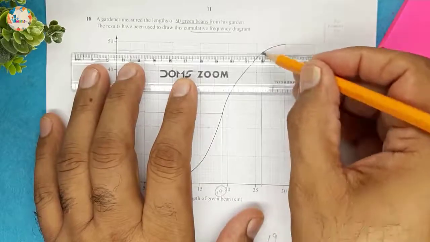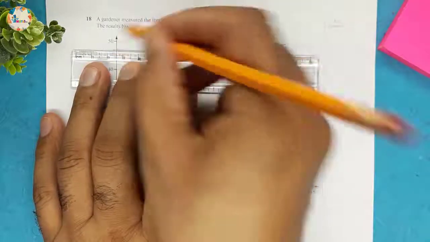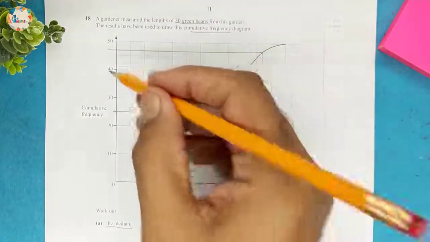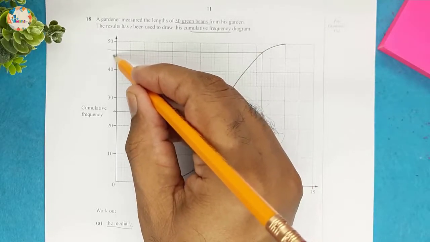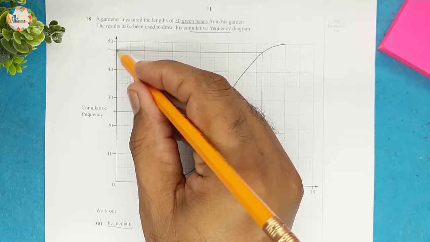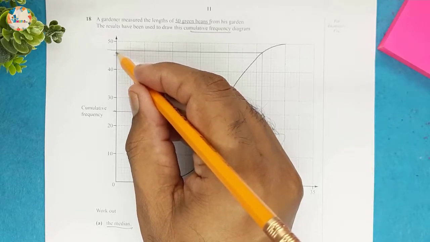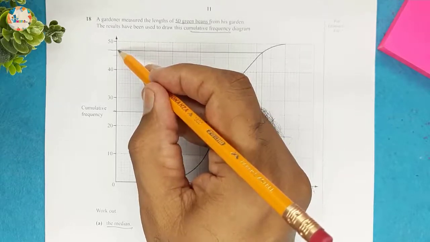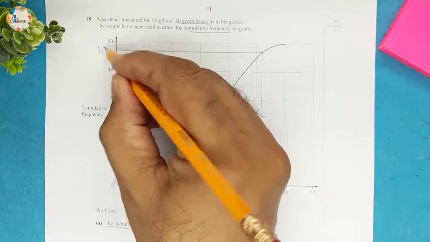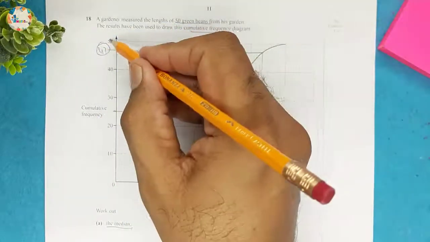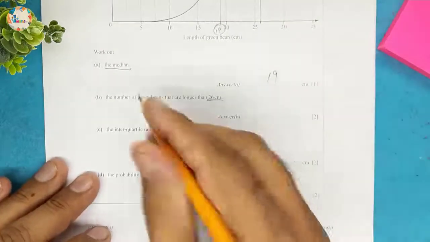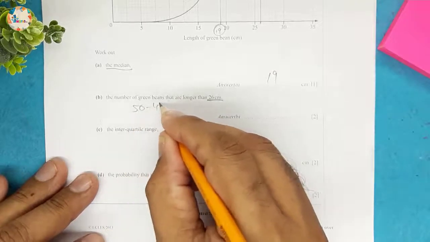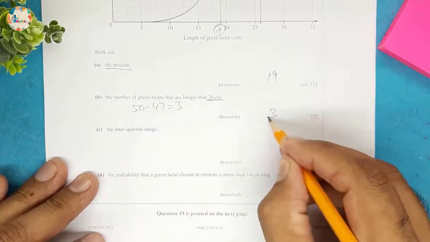So basically this is the line, and 45 will be this one, 46, 47, we can say 47. This is basically 47, 47 to 50. So 50 minus 47 is equal to 3. So the answer will be 3.